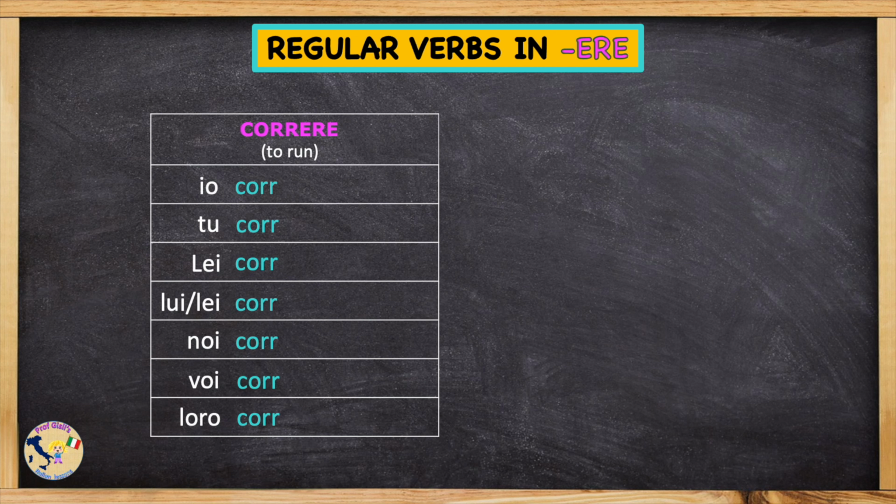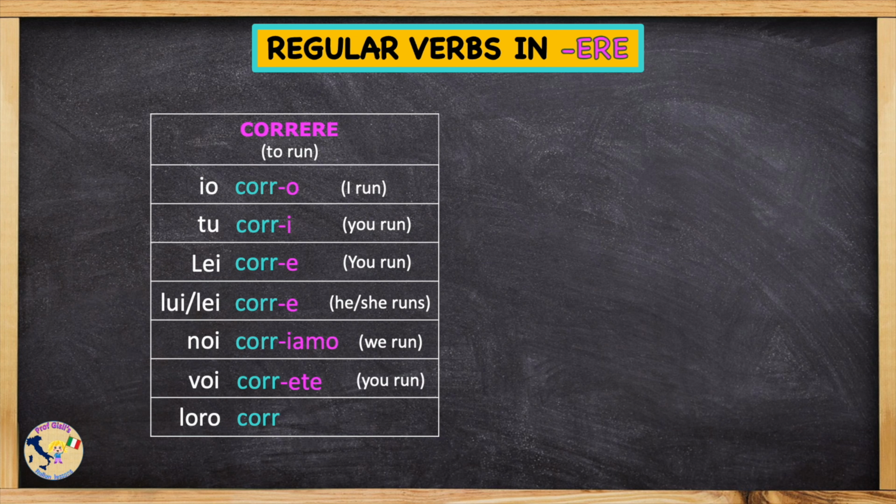So we have io corro, tu corri, lei corre, lui corre, lei corre, noi corriamo, voi correte, loro corrono.